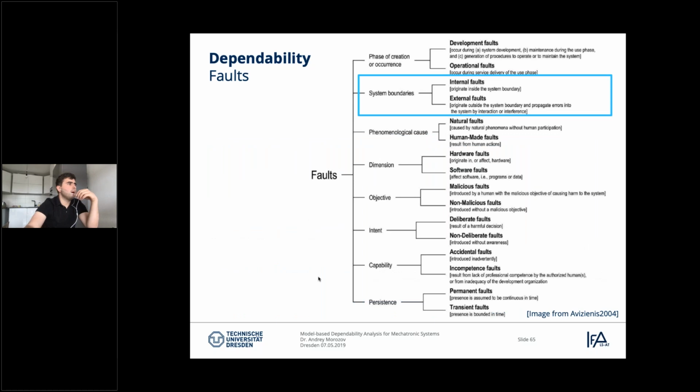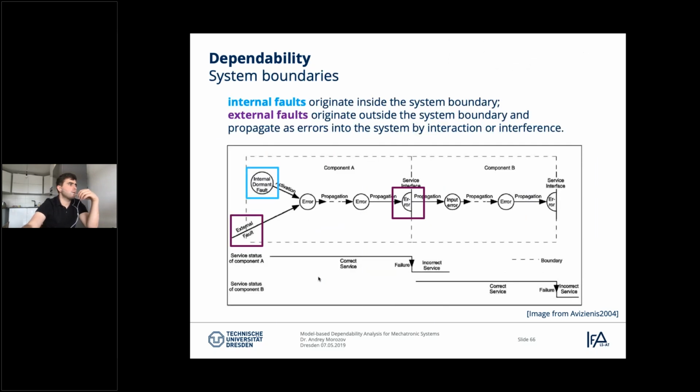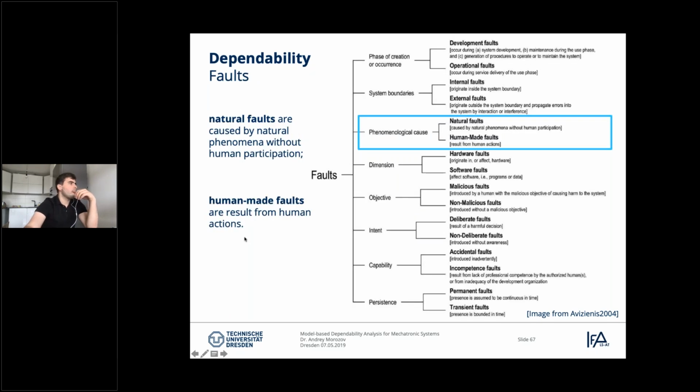Okay, system boundaries. The faults can be internal or external, as I explained on this figure. It could be internal faults or it could be external faults. Phenomenological cause. Natural faults are caused by natural phenomena without human participation. Human-made faults are a result of human action.